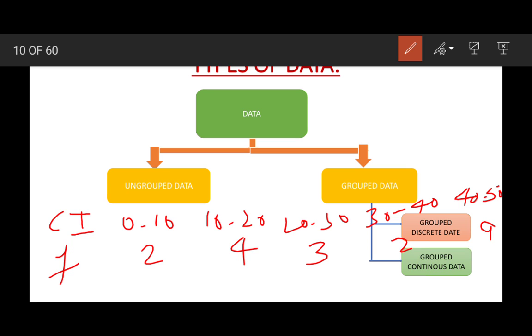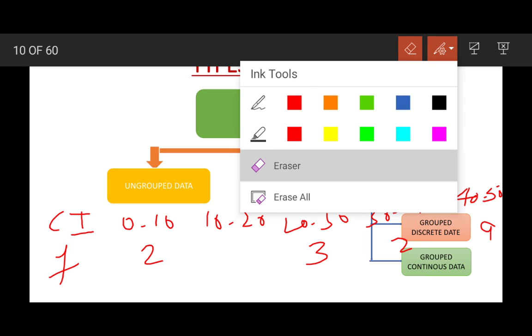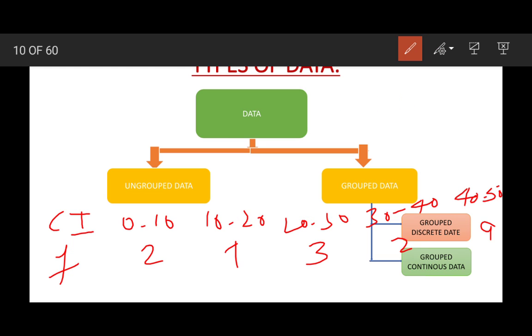So the total frequency is 20, right? 2 plus 9, 11, 14, 18, 18 plus 2, so 20. So suppose there are 20 students.